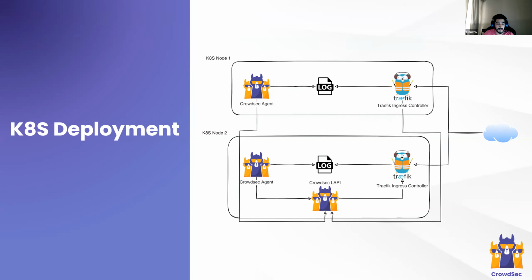Then on the next request from the bad user, the ingress controller will use the Traefik CrowdSec bouncer middleware, thanks to Fabien Bolloner for doing this great middleware. It will route through the middleware forward auth, and if the response is 403, the request will be denied for the user. So it's a basic example.